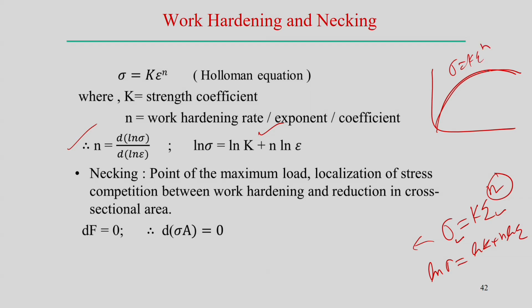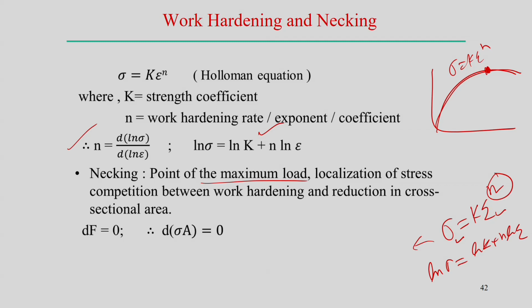Up to a certain point there is uniform deformation, and beyond this point necking starts in the deformation of a particular sample. At the necking point, which is the point of maximum load in the engineering stress-strain diagram, there is localization of stress. Necking means there is a reduction of the cross section and localization of the stress.